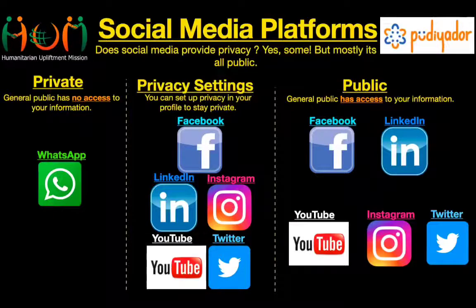Now, for social media platforms like WhatsApp, Facebook, LinkedIn, Instagram, everything. WhatsApp is one place where, of course, you cannot automatically have visibility, but on all the others you can have visibility. Visibility means it's very public. There is how much private you want your information to be. Private means nobody knows about you.